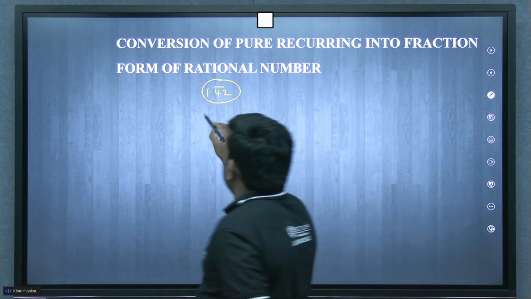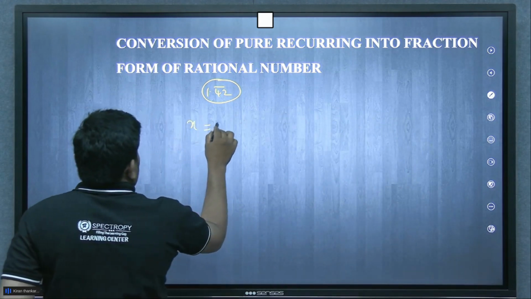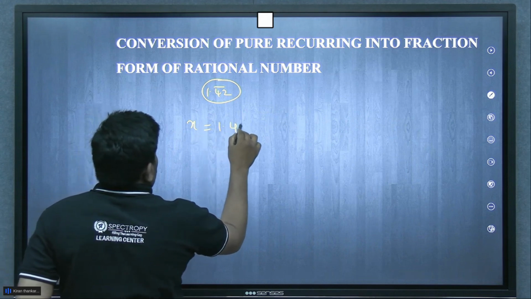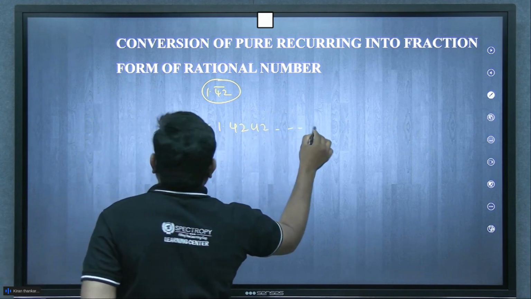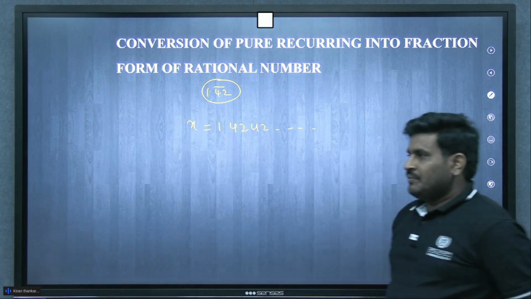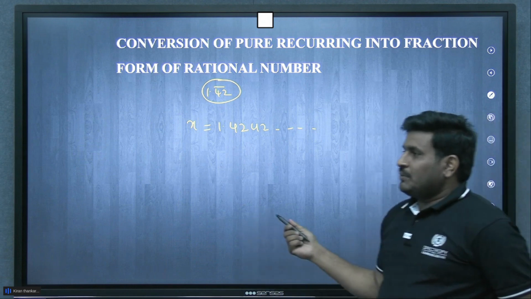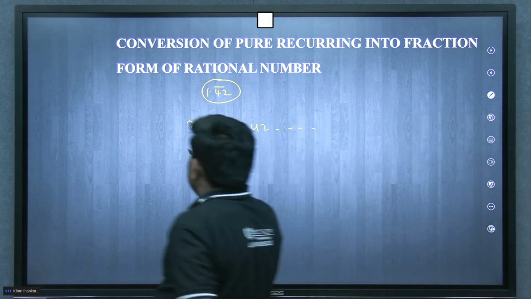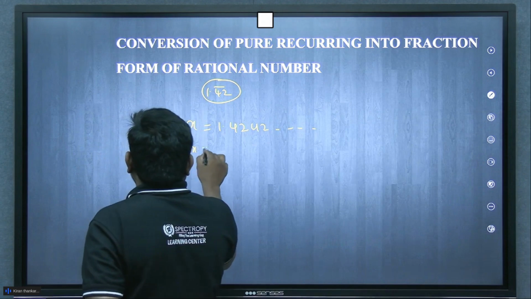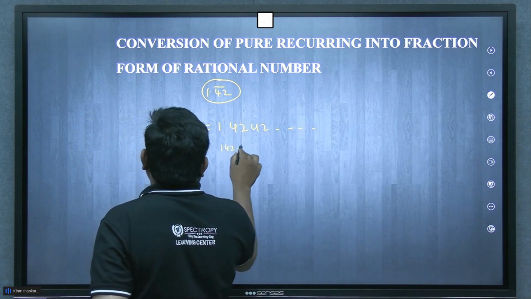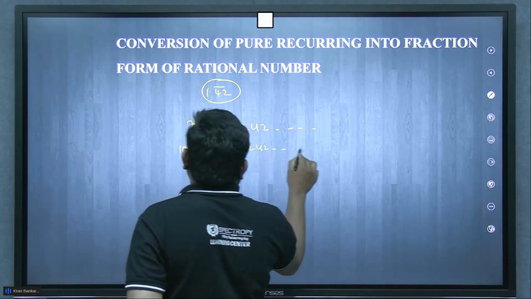Now let us take this one. x is equal to 1.4242 and so on. If you multiply by 100, 100x is equal to 142.4242 and so on.